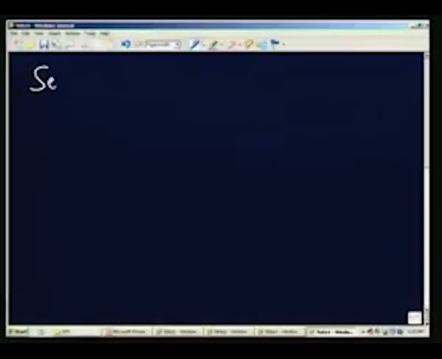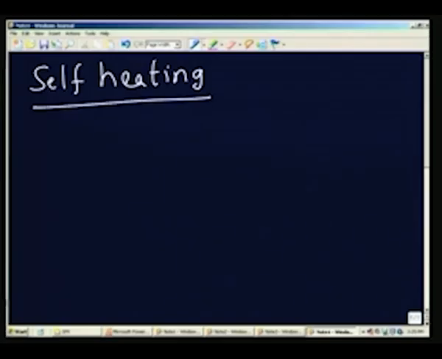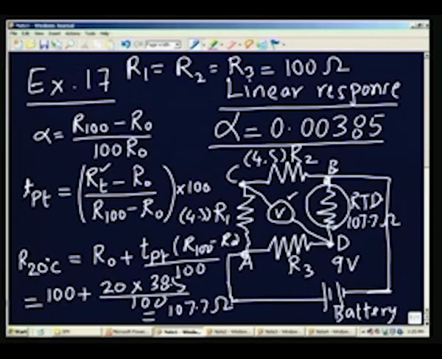So, the next example I am going to take up is the case of self heating. Let me just briefly explain what this self heating is about, so that we understand what we are talking about. For this purpose, let me go back to the sketch which I made here.